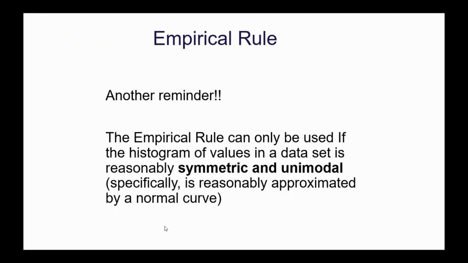Specifically, we need it to reasonably approximate the normal curve. And no matter whether you're in dual credit or AP, you'll start seeing in problems now, assume the data is normal. Assume it's normally distributed. That's why they tell you this stuff.